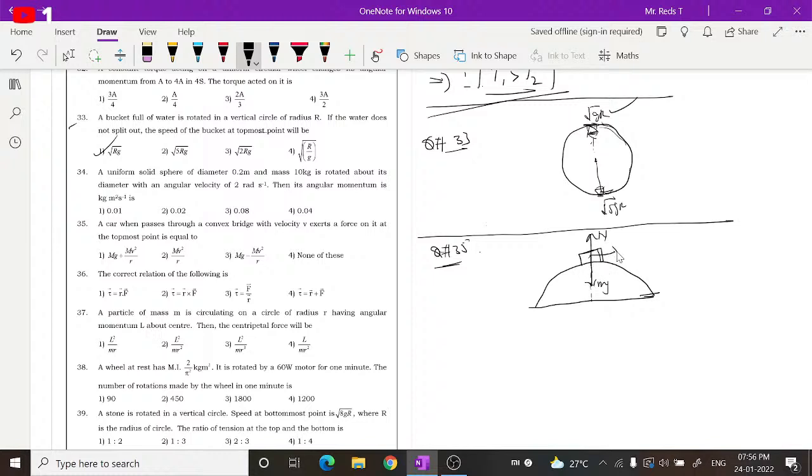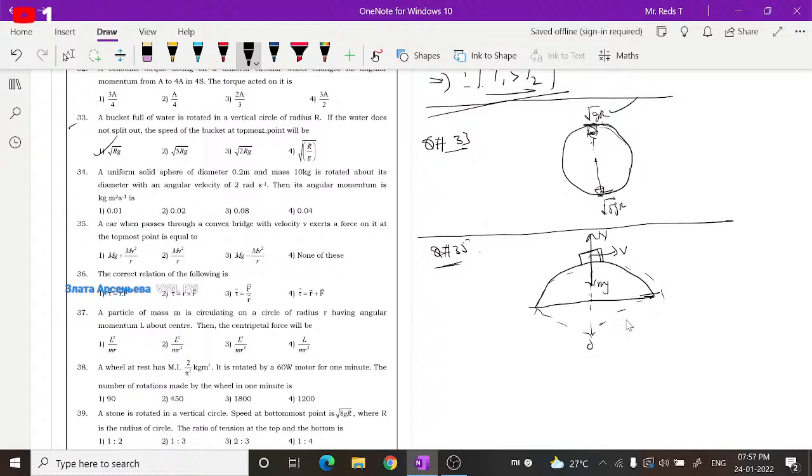If it is a convex bridge, it should be a part of a circle. You can say this will be the center of the circle. So if it is moving, the net force in this direction will provide the necessary centripetal force. That's why it is a part of vertical circular motion.